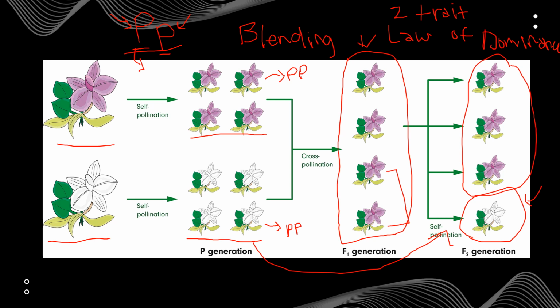Because he saw that each parent plant gives one of its traits by random, he was able to come up with the law of segregation. So the law of segregation basically says you have a 50-50 chance of inheriting each allele from the parent.